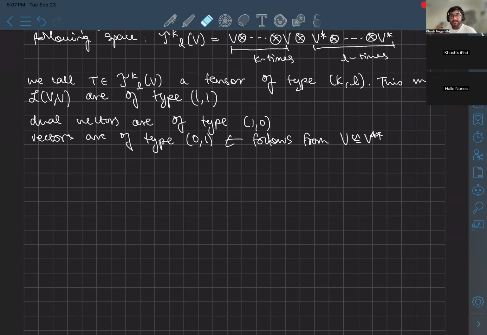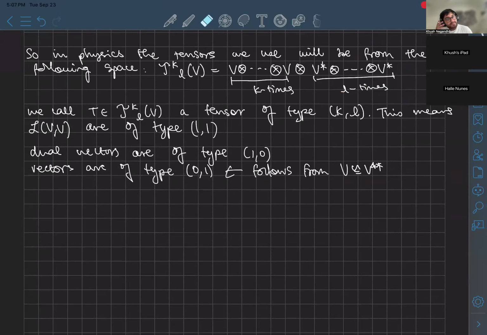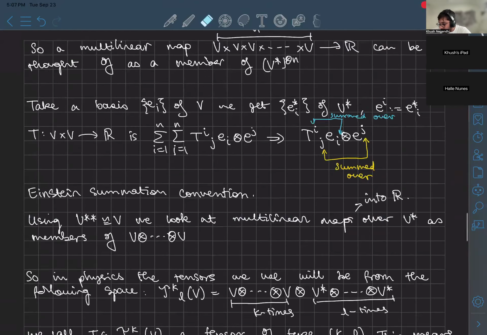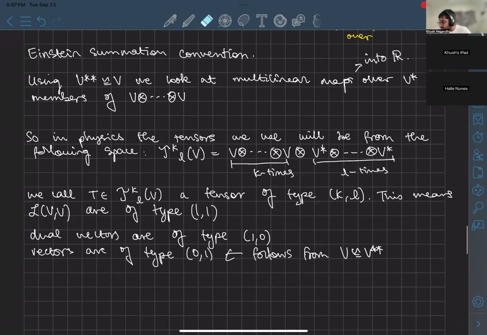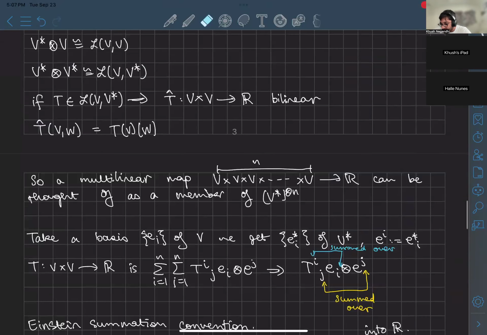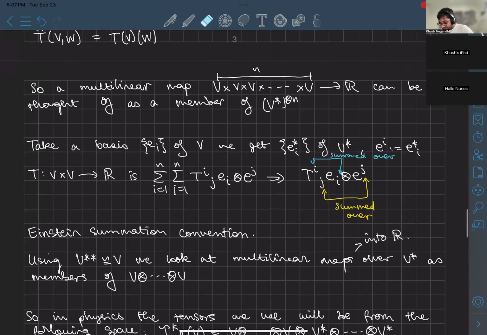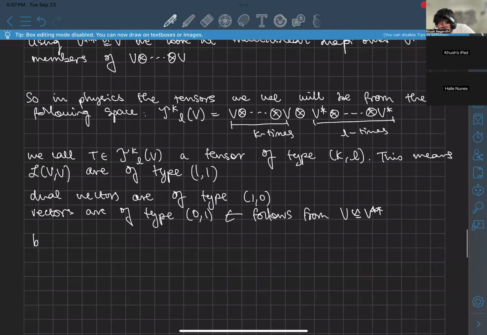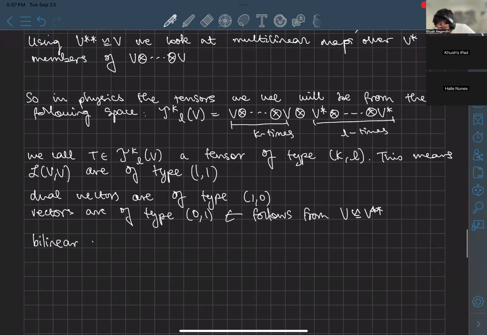We want to generalize linear maps, and the next best generalization of a linear map is a bilinear map, which, as we saw before, is just a tensor. We saw it's a tensor of type 0, 2 as well from over here. Okay.